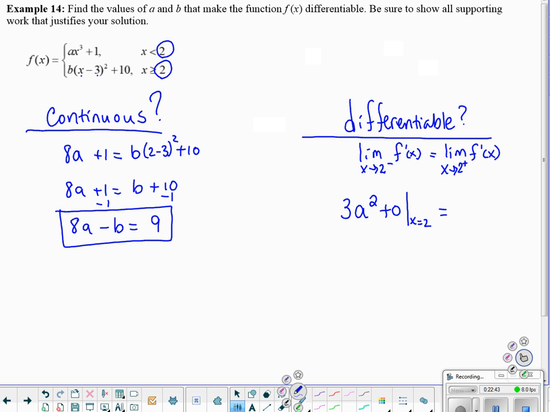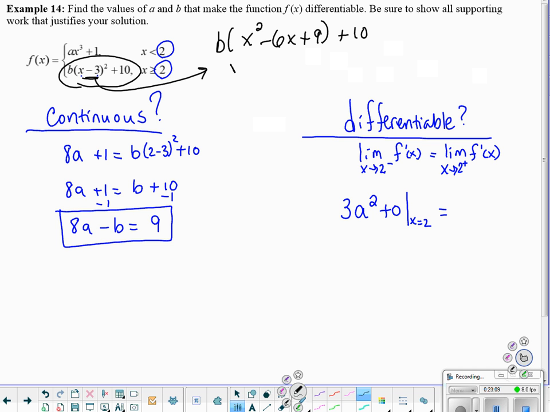The right side's a bit of a bugger because we don't have a great rule yet for this thing being squared. So to get around that, we're going to expand and do x minus 3 times x minus 3, which will give us x squared minus 6x plus 9 for that binomial expansion.